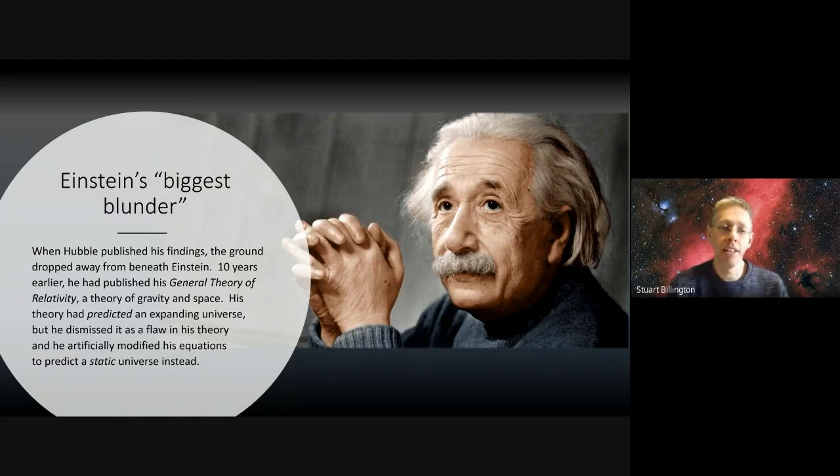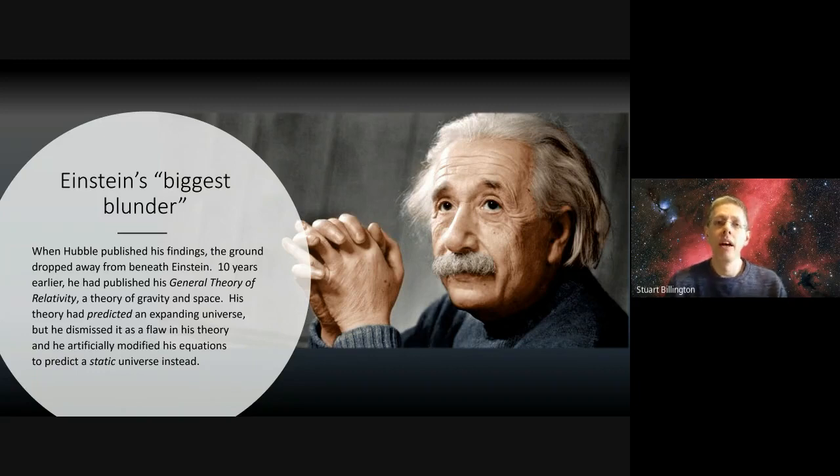And 10 years later, in the middle of the 1920s, over his breakfast, choking on his toast, Einstein referred to this as the biggest blunder of his life, that he hadn't trusted his science, his own equations, his own theory. He dismissed it.